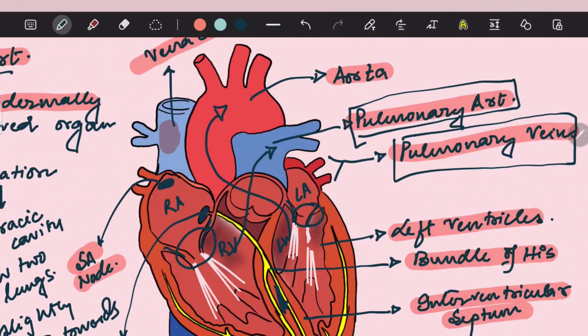So the pulmonary artery is an artery in the body which carries deoxygenated blood, which is not the usual case. Similarly, the pulmonary vein is a vein in the body which carries oxygenated blood, which is a little different from what is usual.